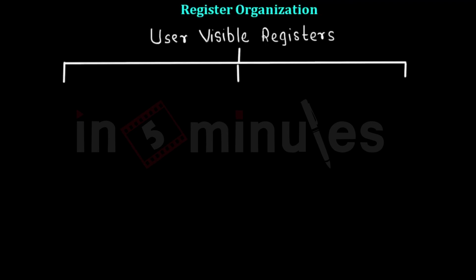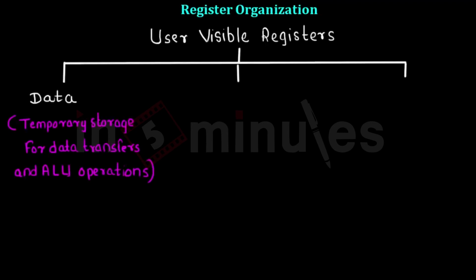Now let's look at the second type of registers, that is, user visible registers. These registers are accessible by the user through machine language programs and are used to carry out different operations. The three basic types of these registers are, first of all, data registers. These provide temporary storage for data transfer between the ALU and other memory operations, such as when you write an instruction like ADD R1, R2.